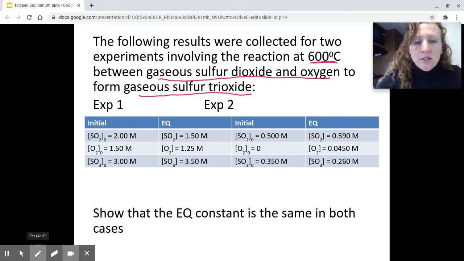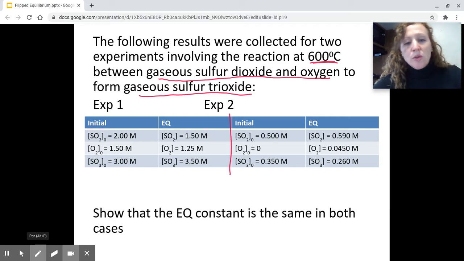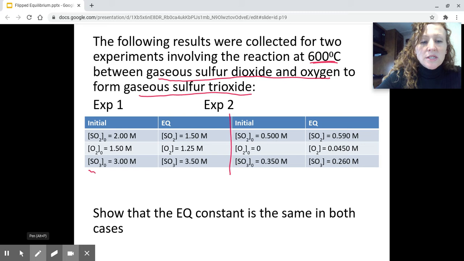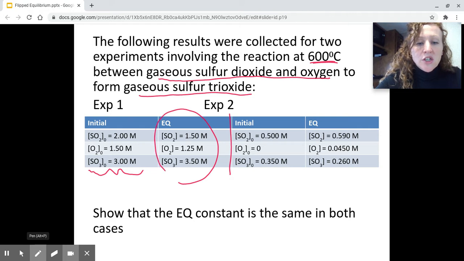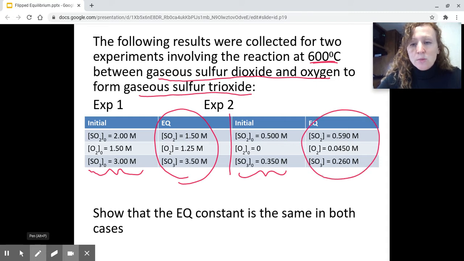And you can see the results. Here's experiment 1 to the left. Here's experiment 2 to the right. They give you the positions that all of these things were at initially, and then they give you the positions at equilibrium. Again, for experiment 2, here's initial positions, and here's positions at equilibrium.